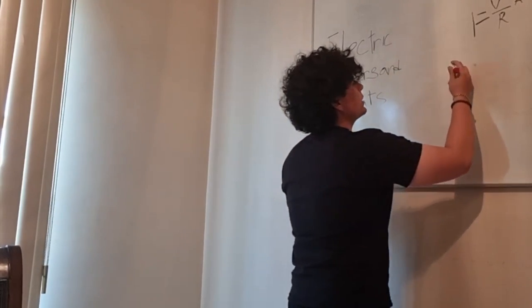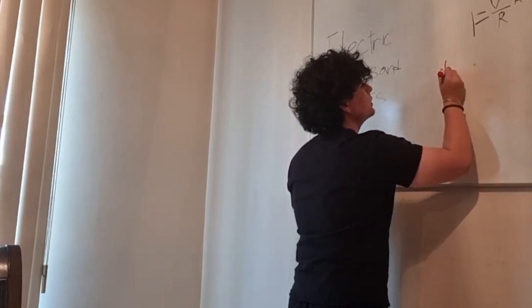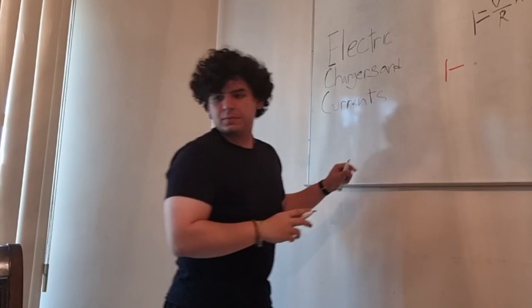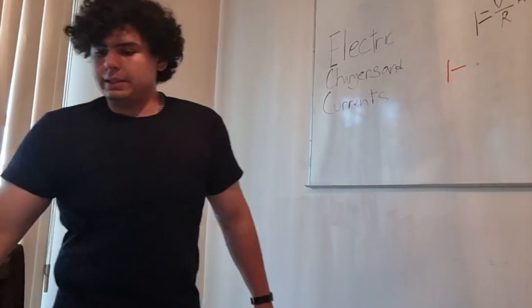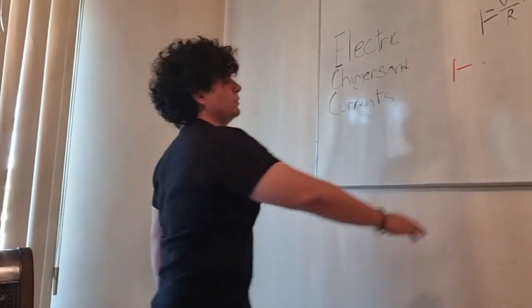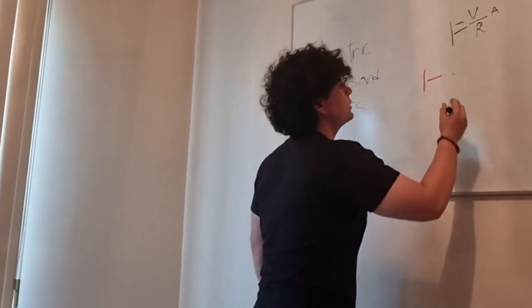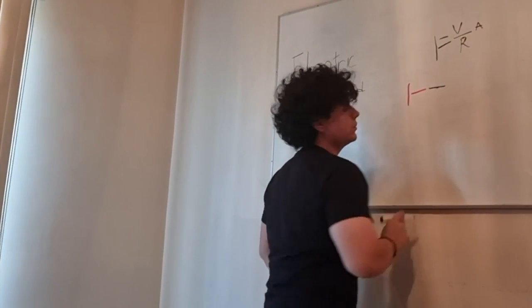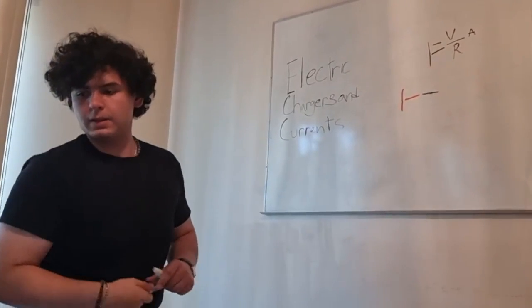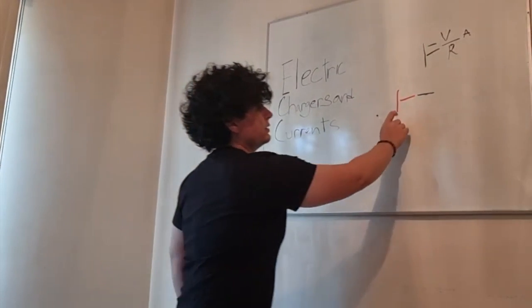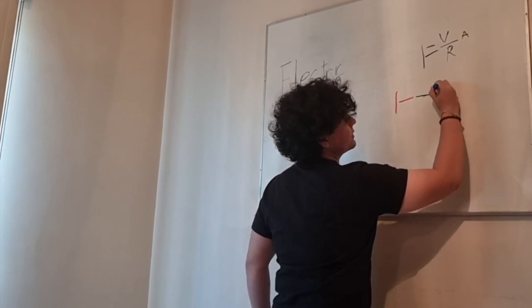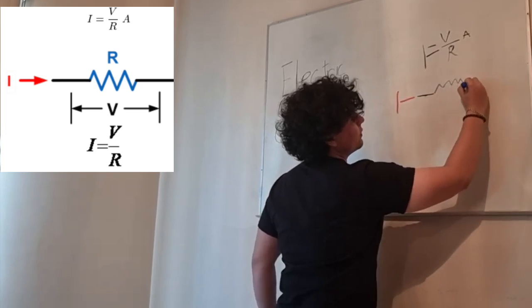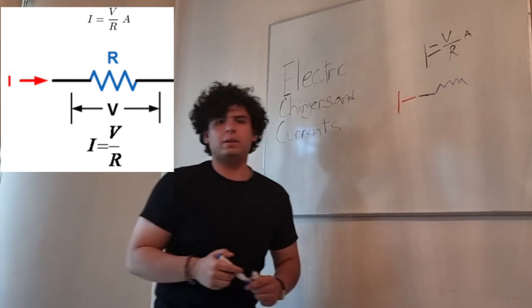Okay, so now we're going to do the drawing. We're going to be drawing with black here. This is the start. This is the resistance of the fan.